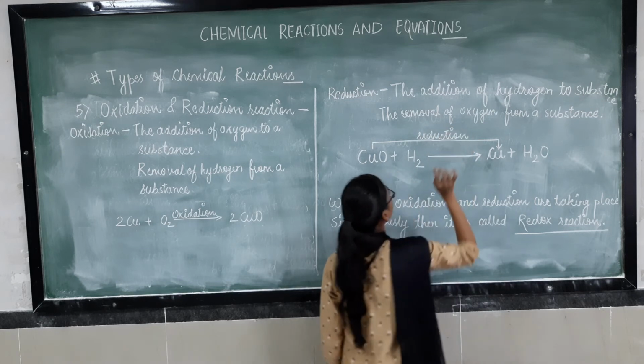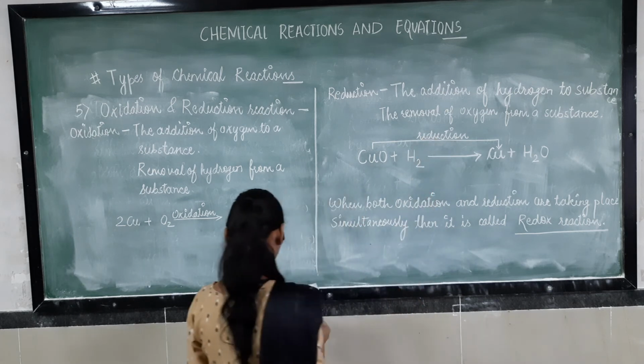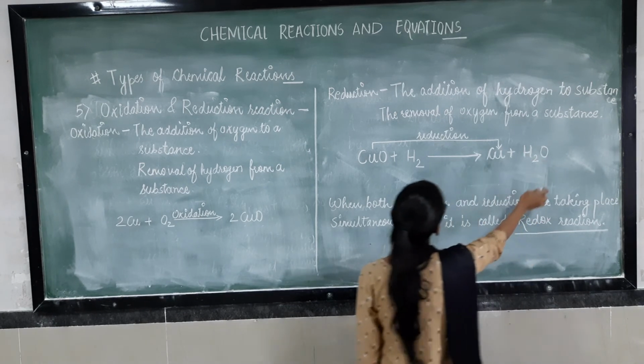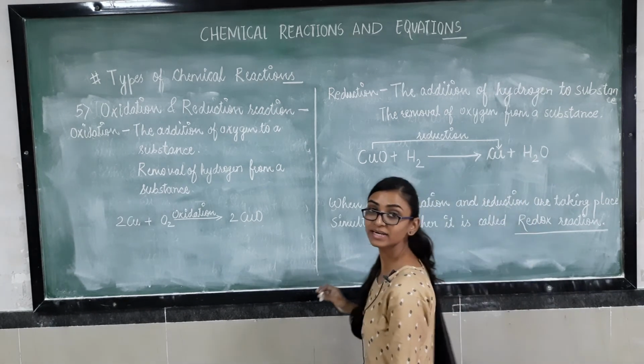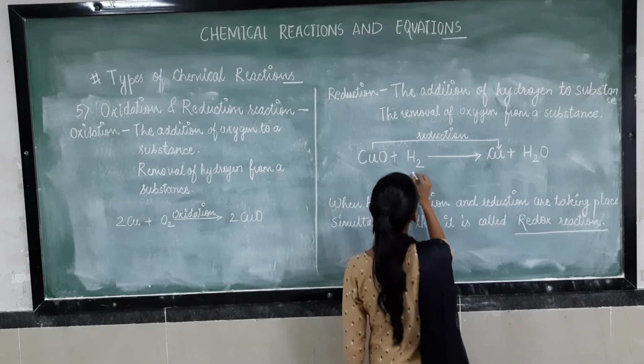Reduction of copper is there, and here oxygen is added to hydrogen. So the addition of oxygen is known as what? It is known as oxidation. So here the oxidation of hydrogen is taking place.